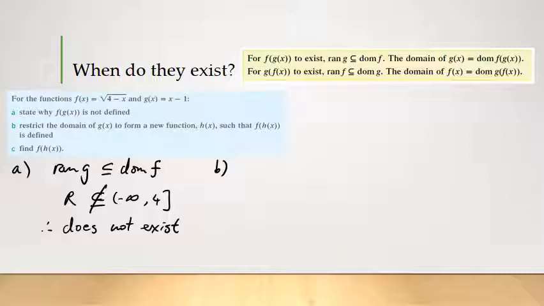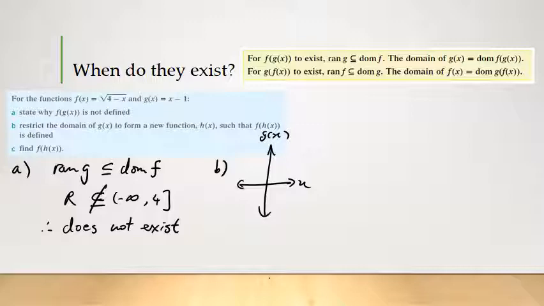Now, restrict the domain of g of x to form a new function h of x such that f of h of x is defined. So we want the range of g of x to be contained in the domain of f, which at max is negative infinity to 4. g of x here is a straight line shifted down by 1.